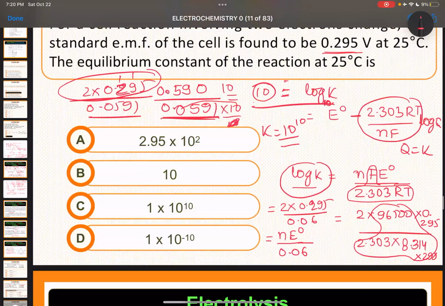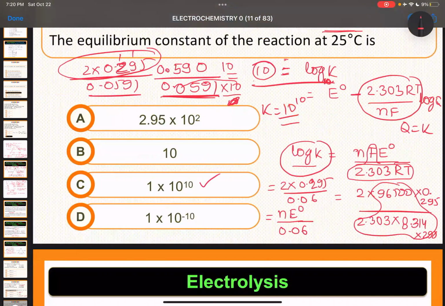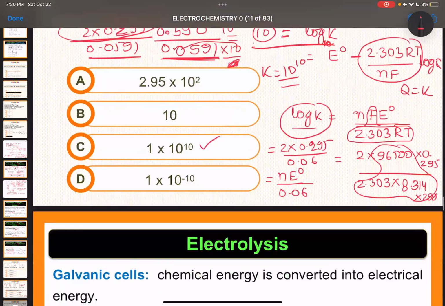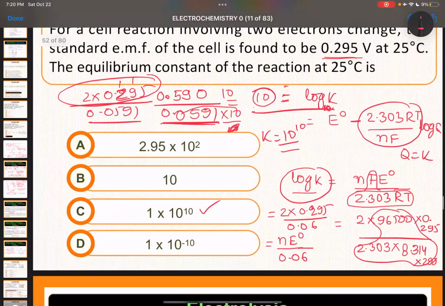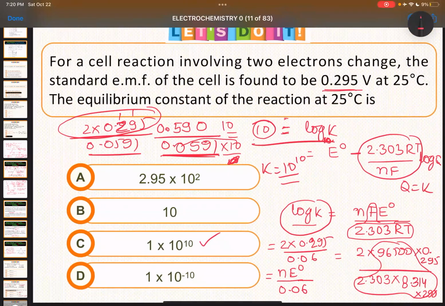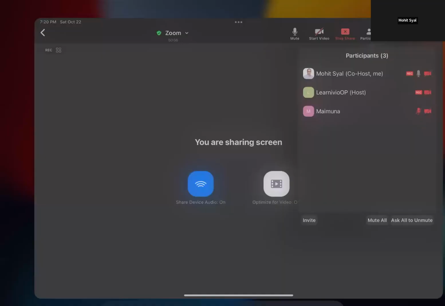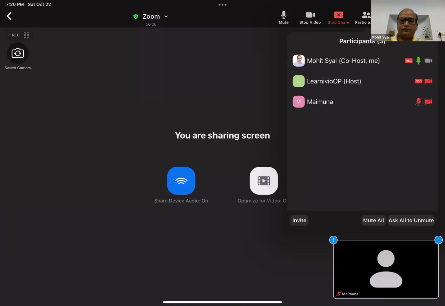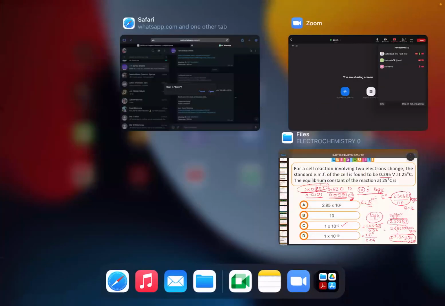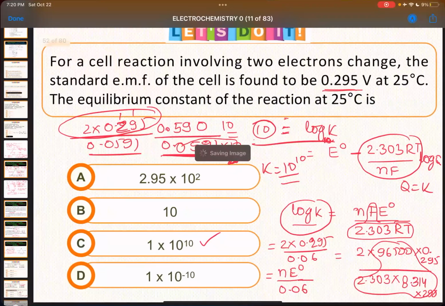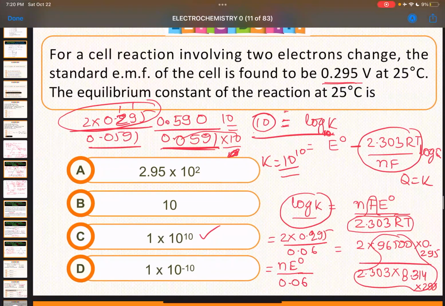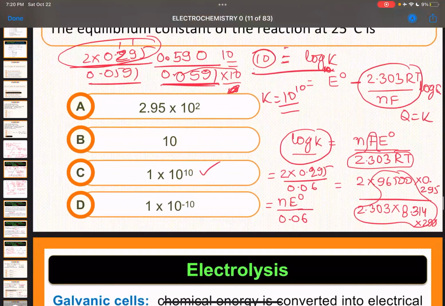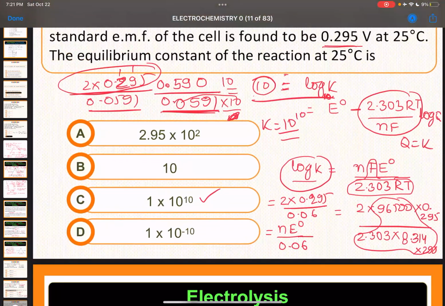Okay. Clear? Right? Understood? Is it clear? So it is C. Option C. Okay, this will get cancelled.